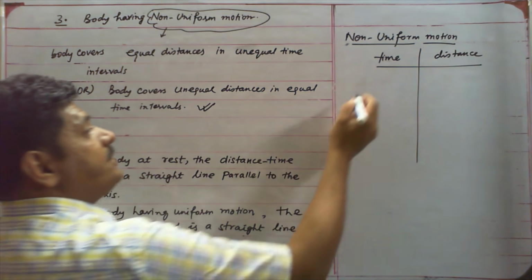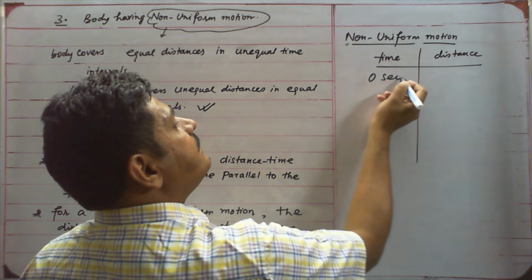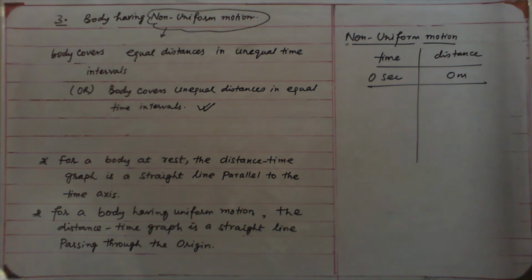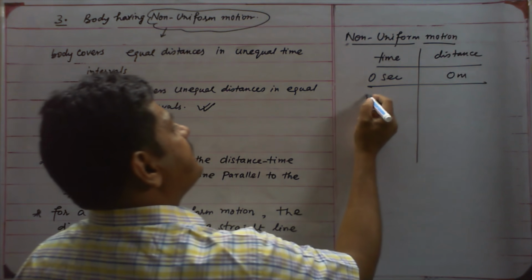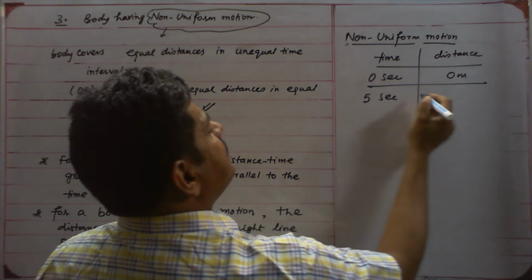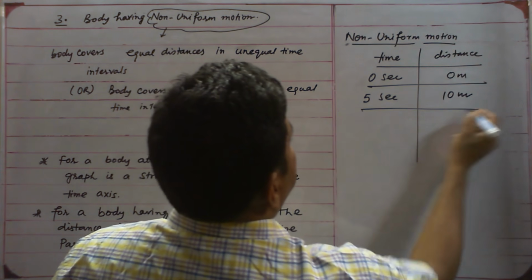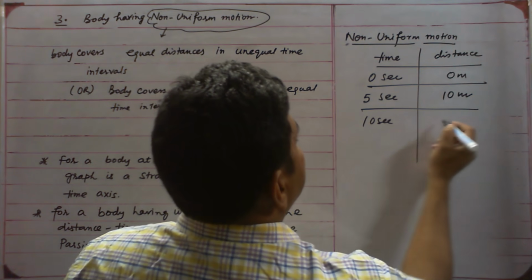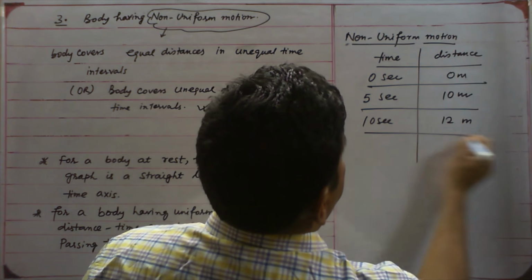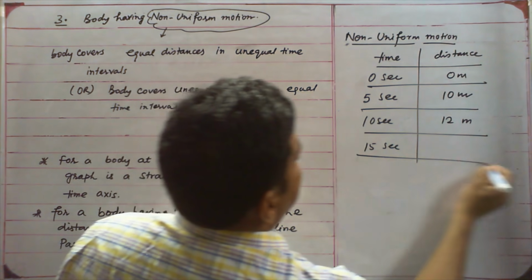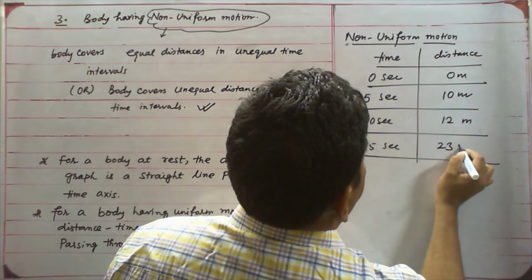Let us take 0 seconds, 0 meter is the distance travelled by the body. Let us say 5 seconds, and let us say it is 10 meter. Let us say 10 seconds, the distance covered is, let us say, 12 meters. Let us say 15 seconds, let us say it is 23 meters.